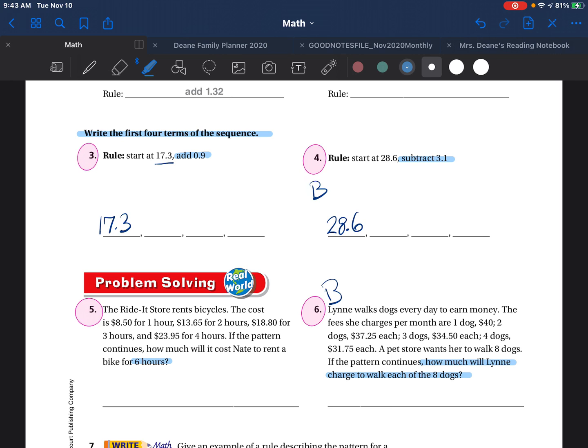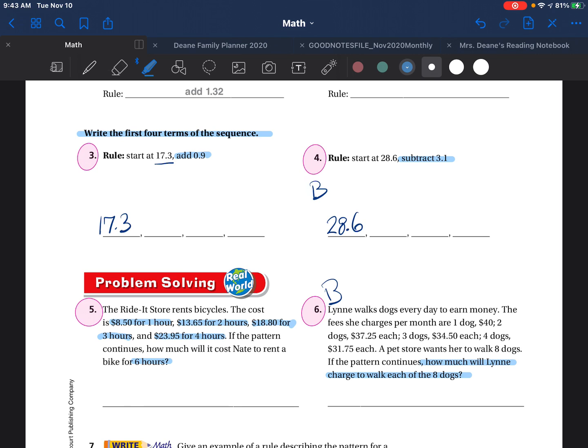Number 5, the Ride It store rents bicycles. The cost is $8.50 for 1 hour, $13.65 for 2 hours, $18.80 for 3 hours, and $23.95 for 4 hours. If the pattern continues, how much will it cost Nate to rent a bike for 6 hours?